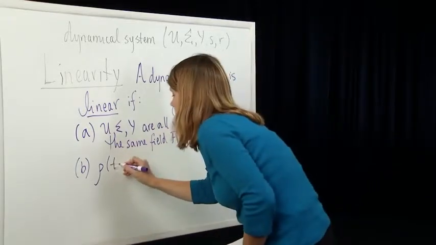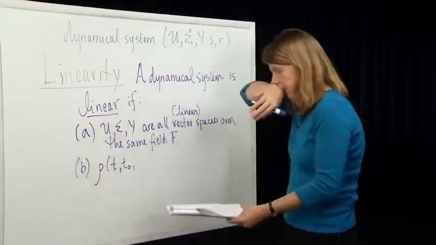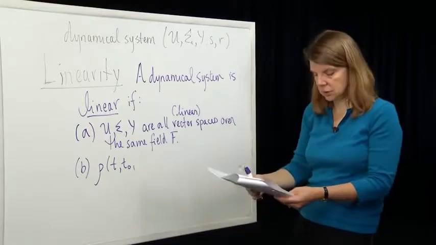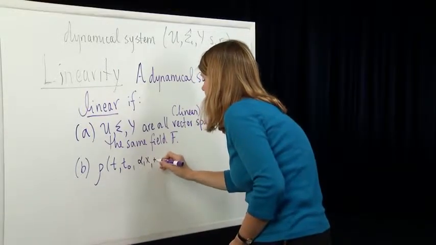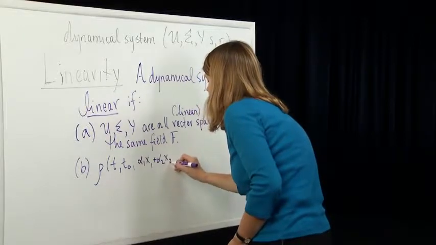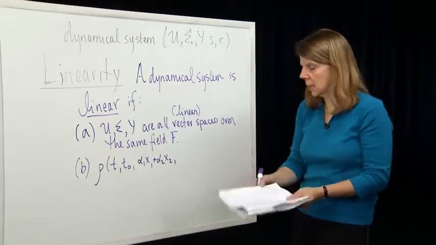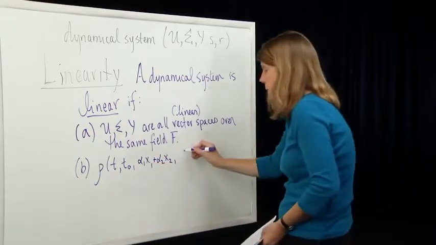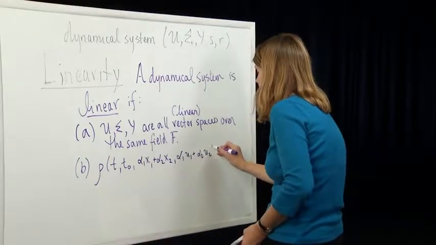So we write that as rho at current time, given we started at time 0, and then we'll consider an initial state, which is a linear combination of initial states, alpha 1 x1 plus alpha 2 x2, and an input, which is a linear combination of inputs, and it uses the same scalars. So alpha 1 u1 plus alpha 2 u2.